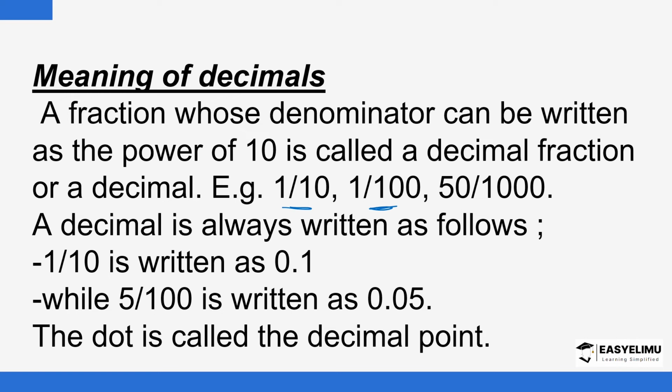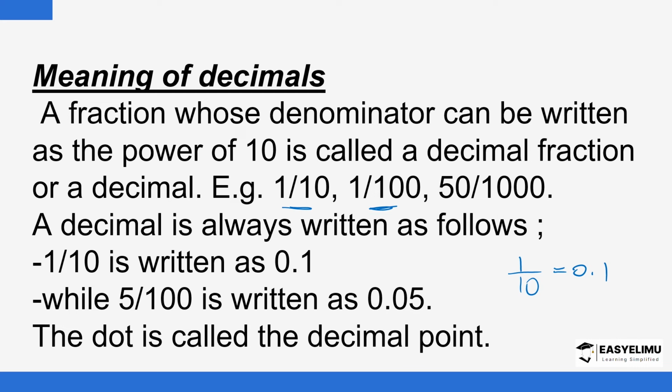So we are going to see different examples. For this 1 over 10, you can write it as 0.1. Or if you have 0.1, you can also write it as 1 over 10. If you have 5 over 100, you can write it as 0.05. So 0.05 again, 5 over 100.